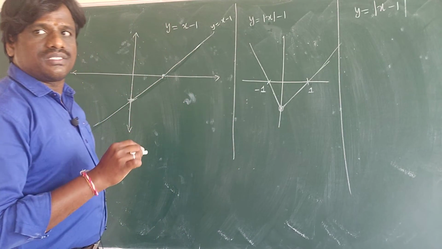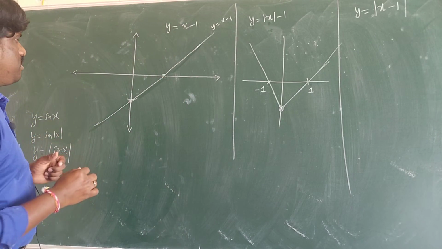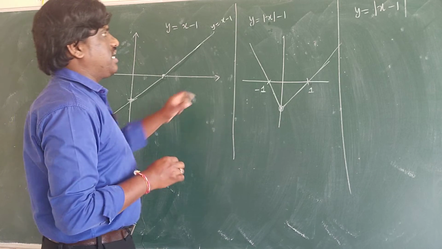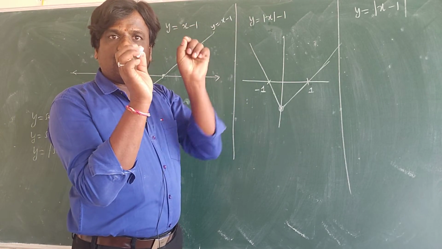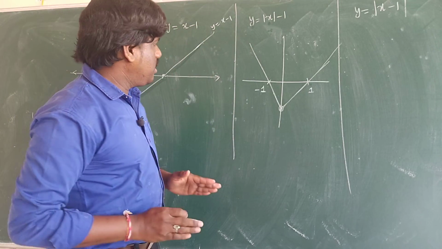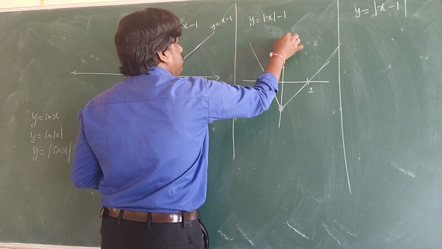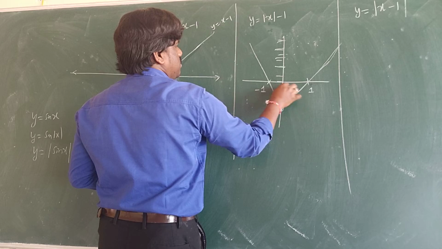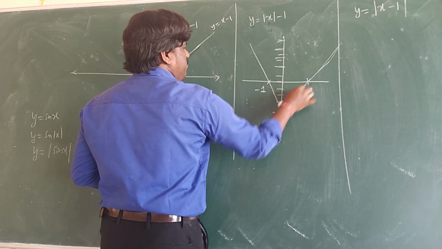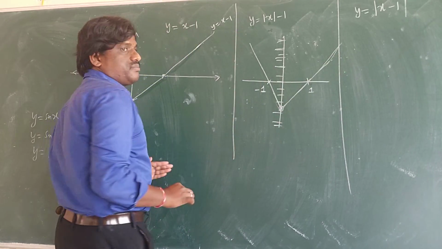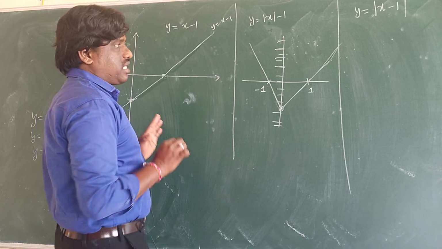In this, what do you understand? It's the same thing. The funda is the same. When you take modulus of only x, it is a reflection. This graph is reflecting with respect to the y-axis. See here, this reflection has taken place here. So that's what I am telling you.